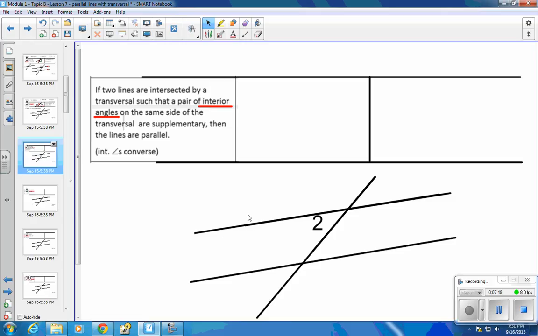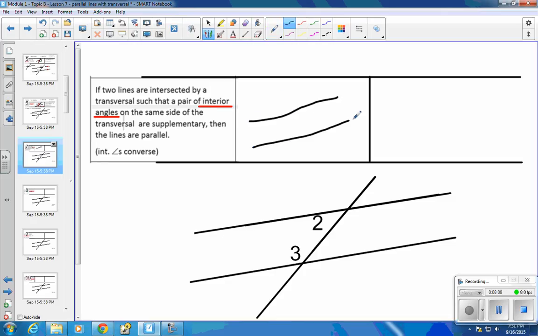Okay, so our next one, if we know that our interior same sides are supplementary, then our lines have to be parallel. So as long as these two form that linear pair when I move this down here, then our two lines have to be parallel. There's no way around it. So my picture, if I've got my two parallel lines, hopefully you're doing a better job of drawing them than I am.